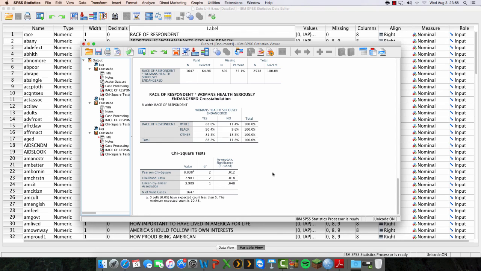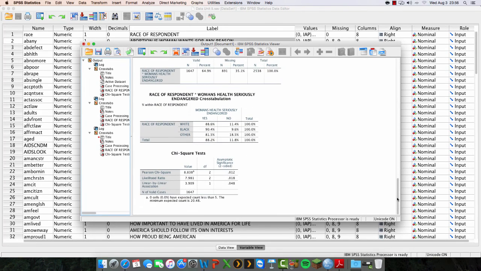I think it's pretty easy to spot here. You see that the other group is really different than the other two groups. It doesn't give us much of an explanation for why, but there does seem to be some difference here.